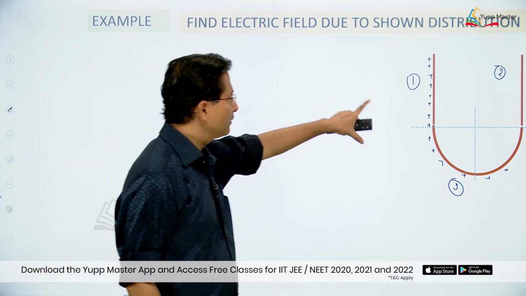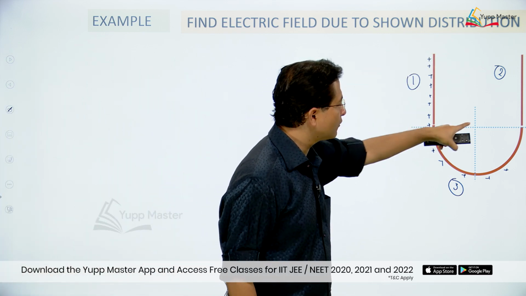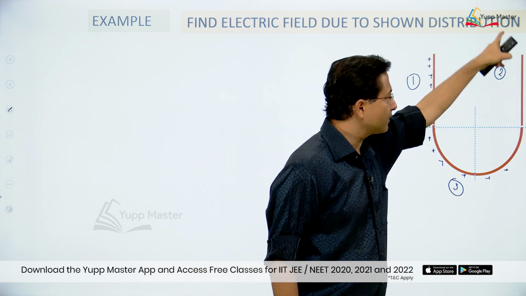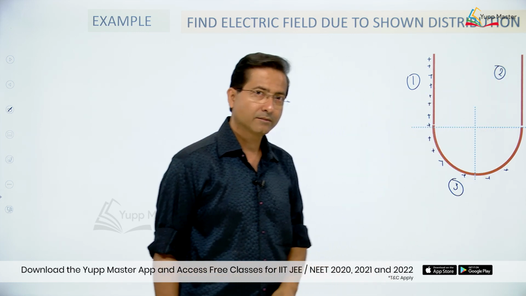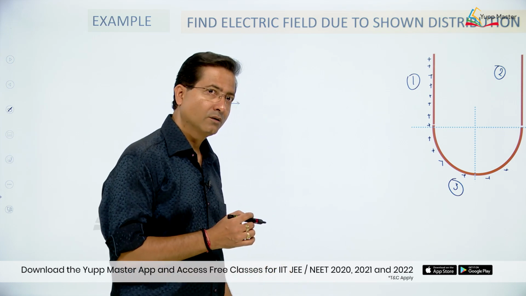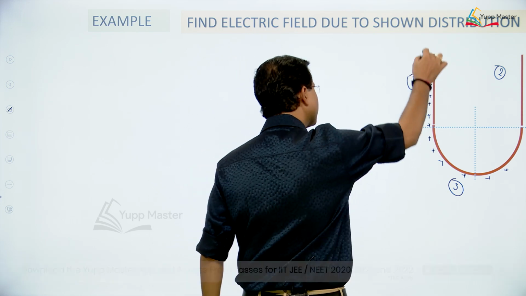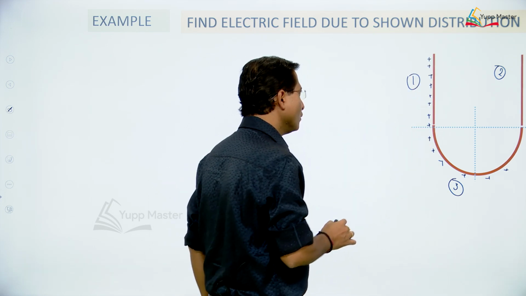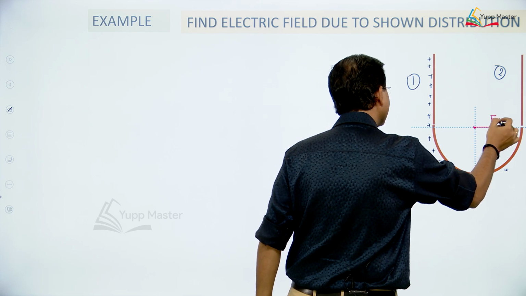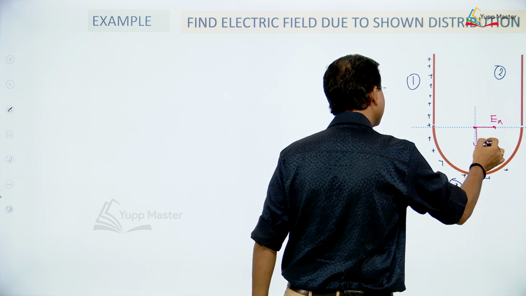So, this will behave as a semi infinite wire for this point, this will behave as a semi infinite wire for this particular point. Now, this one will have one x component and another y component.